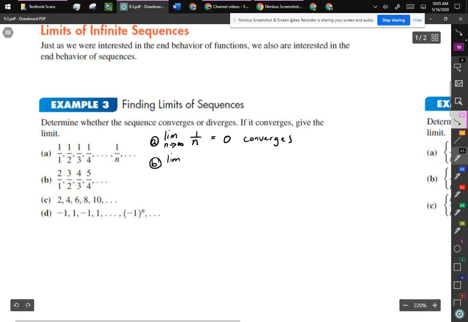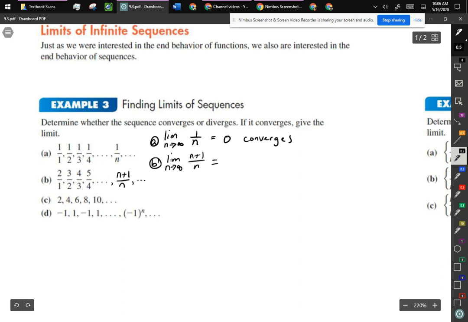So we can define this explicitly as n plus 1 over n.